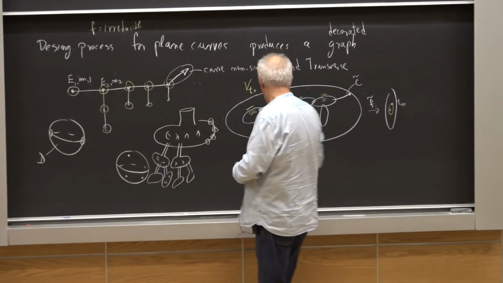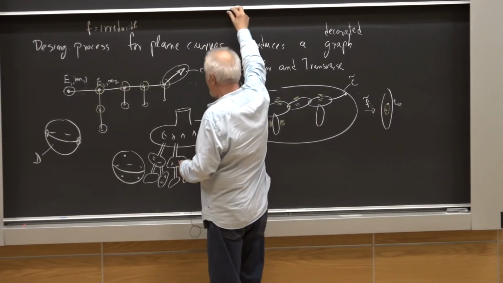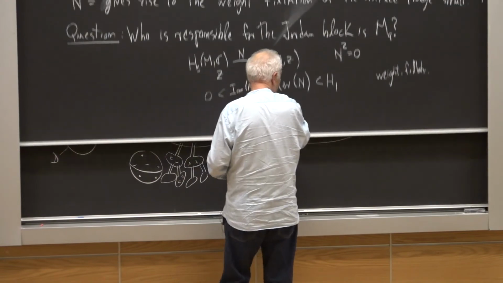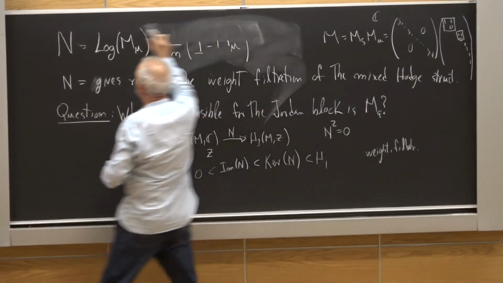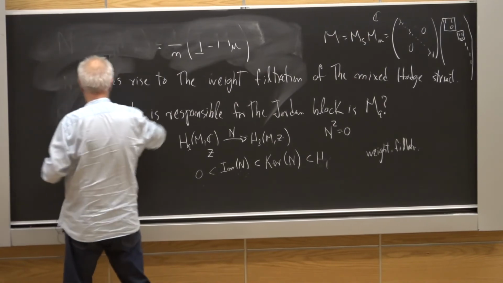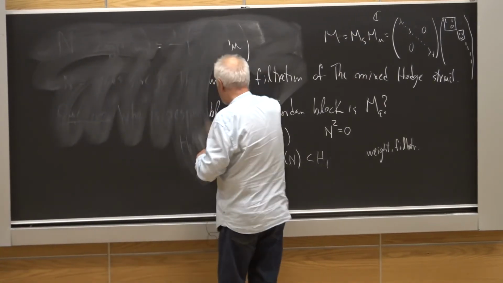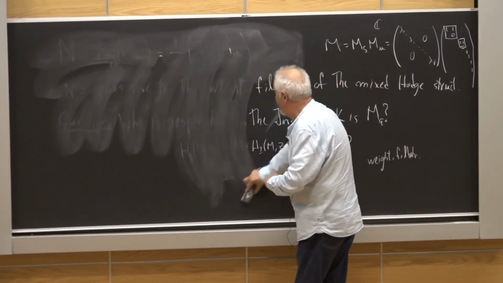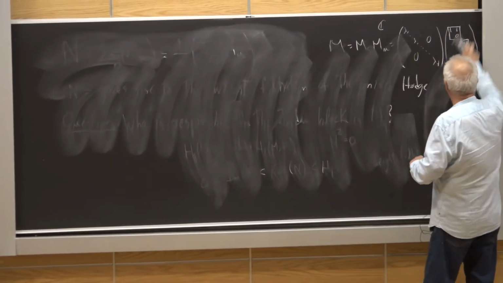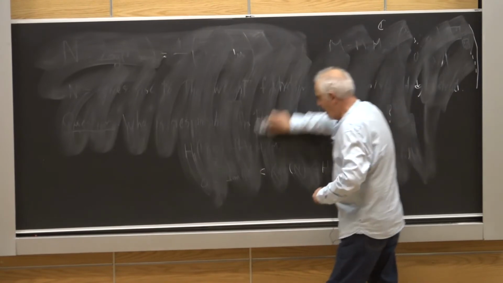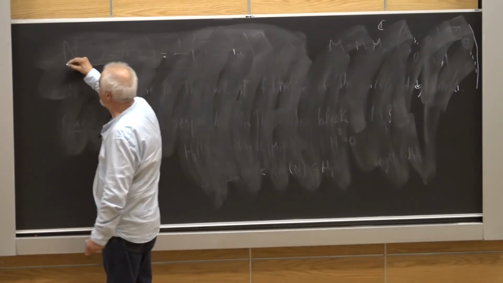Now, what happens if I have more than one irreducible curve? So I start doing my process of blowing up. And so I start drawing the graph.